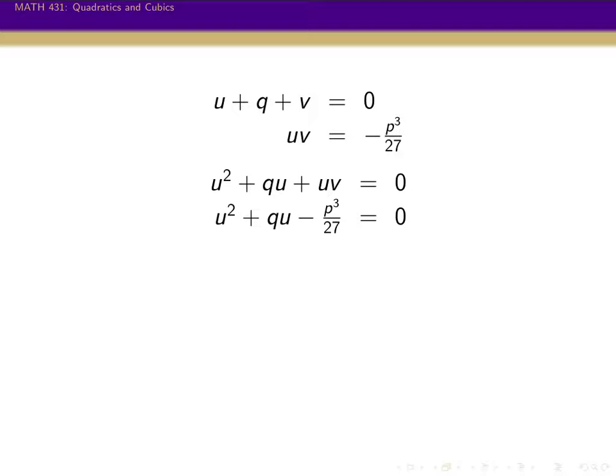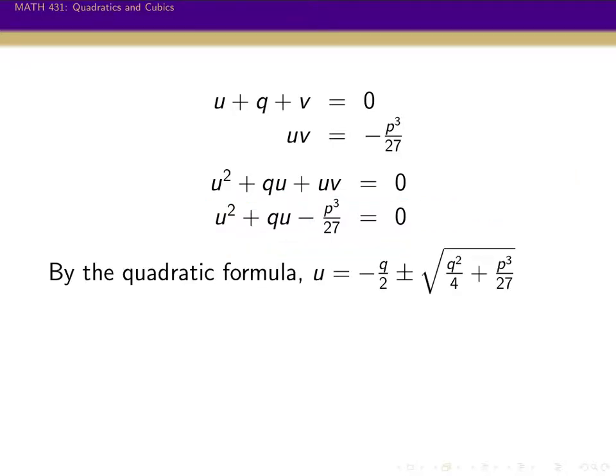And now we've gotten rid of the v, and what we're left with at this point is a quadratic in u. And so since it's a quadratic, we know the quadratic formula. We can just apply that here to figure out what u has to be. So by the quadratic formula, u is going to be minus q over 2 plus or minus the square root of q squared over 4 plus p cubed over 27.